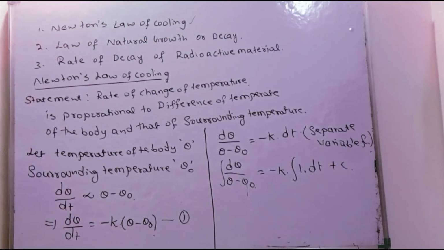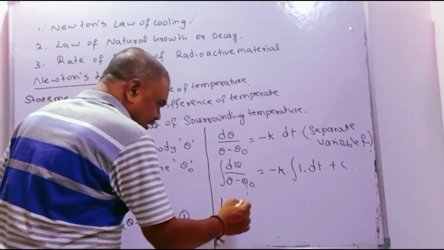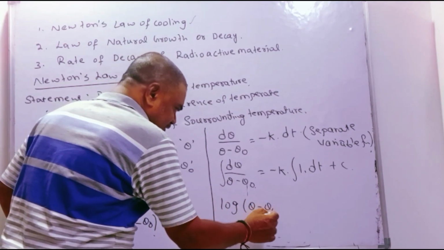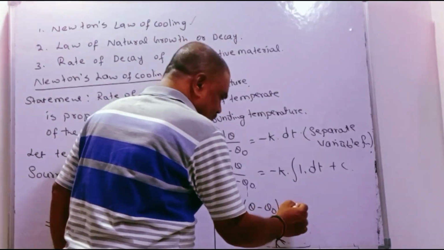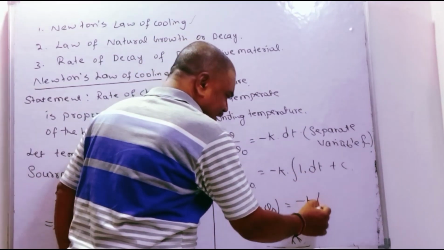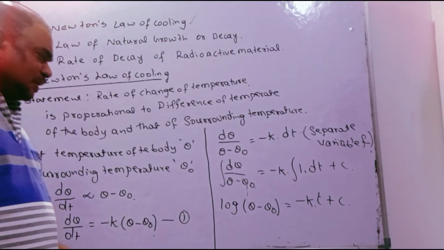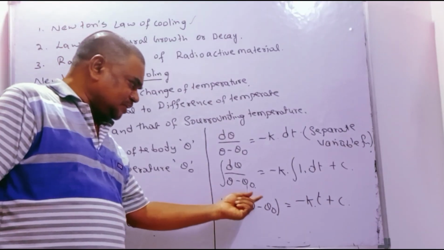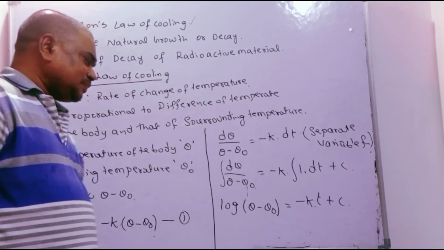So by integrating, log of theta minus theta 0 equal to minus kt plus c.